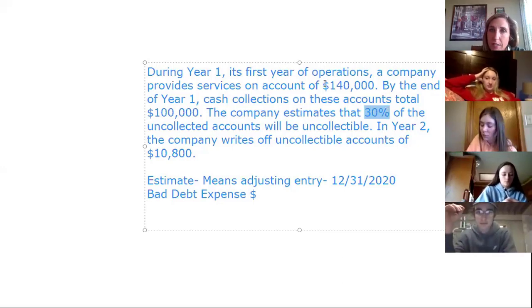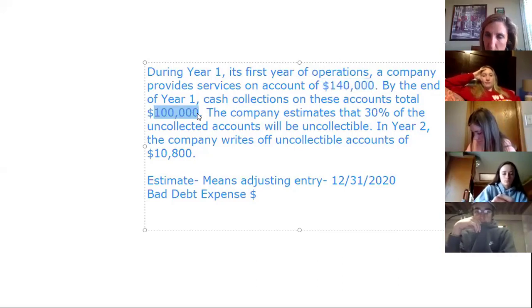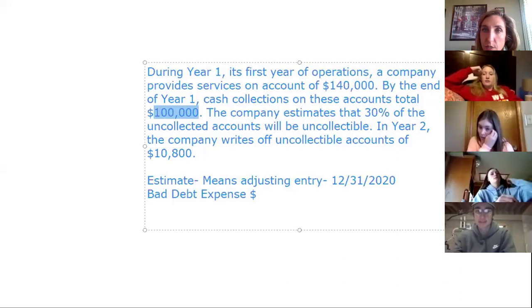Right now, it says that the company provided $140,000 on account, but they have collected $100,000. So what is the accounts receivable balance? Anybody? $40,000. Yes, 40,000. That is correct.